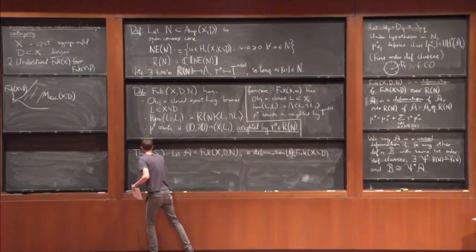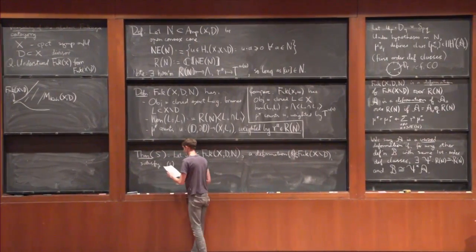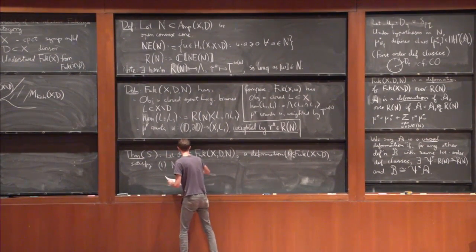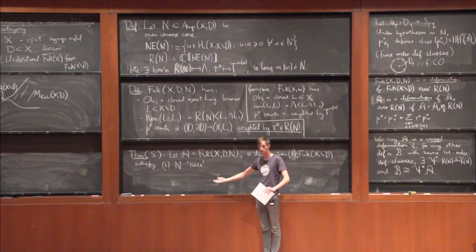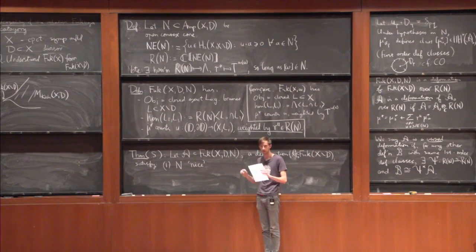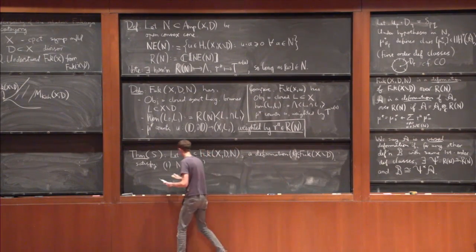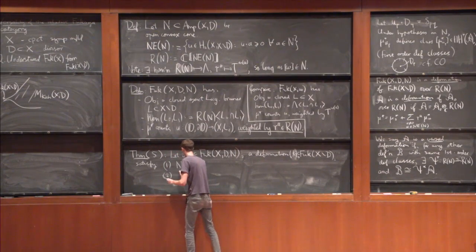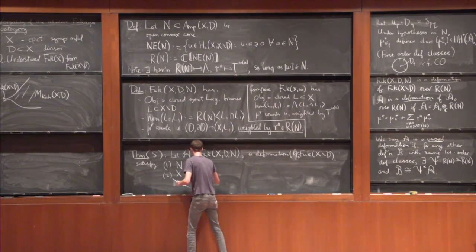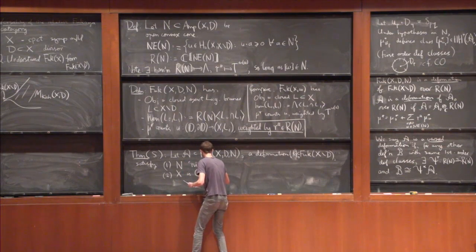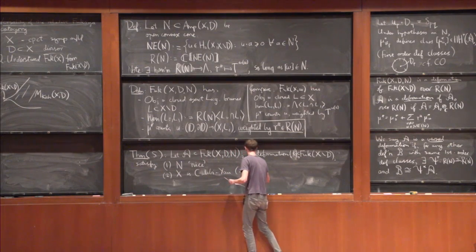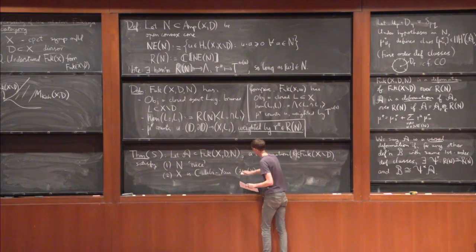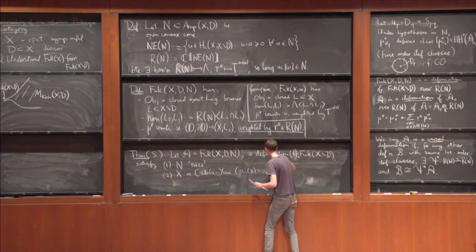And let's suppose it satisfies, firstly, this open convex cone N has to be nice in a certain sense. So actually all I need is C1 of X is torsion.